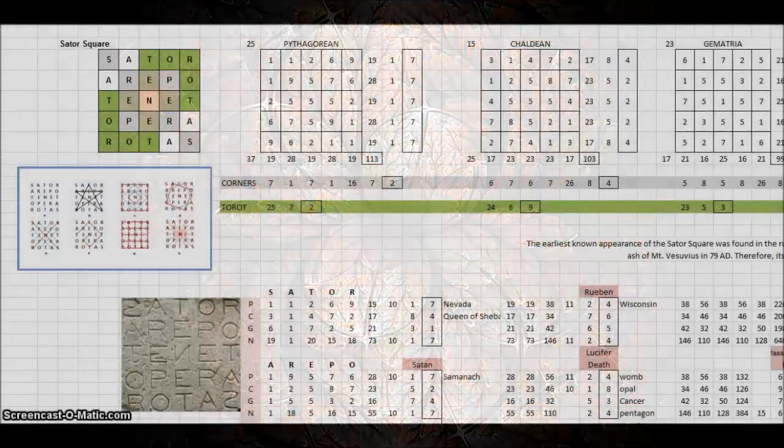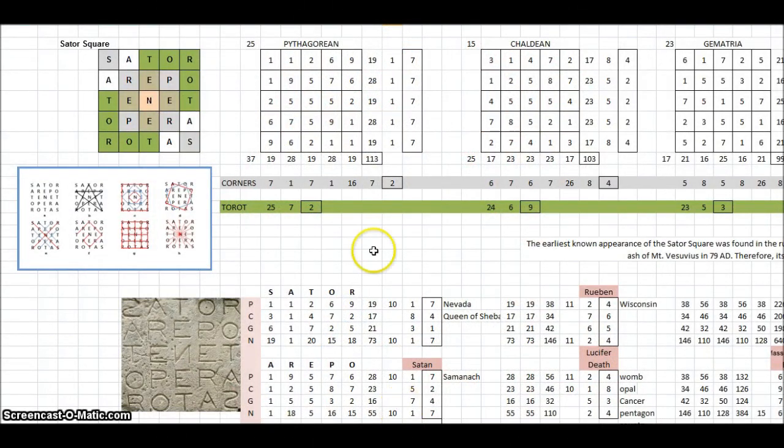Okay, now that we've looked at the words, let's look at what happens when we translate them out into their respective numerological values. Basically, I have taken the Sator Square and ciphered it out in Pythagorean, Chaldean, Gematria, and of course numbers over here.